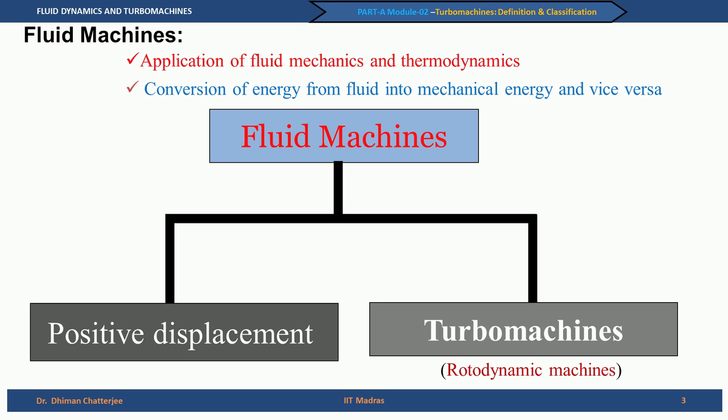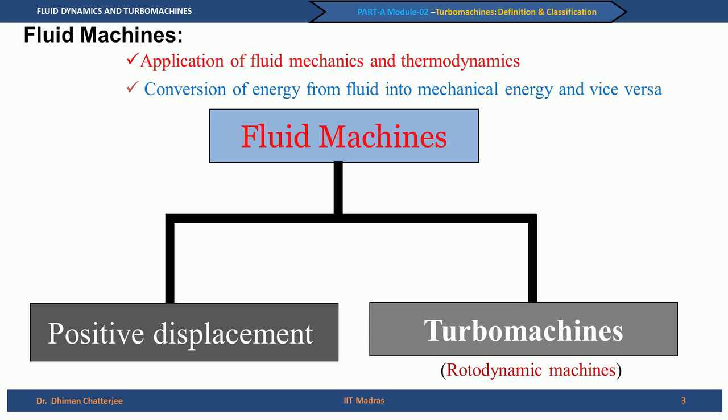Though our importance and stress is on turbo machines, I would like to start with positive displacement machines. I will talk about the features of positive displacement machines, which are essentially different from those of turbo machines, and from there we will try to draw the requirements of turbo machines.